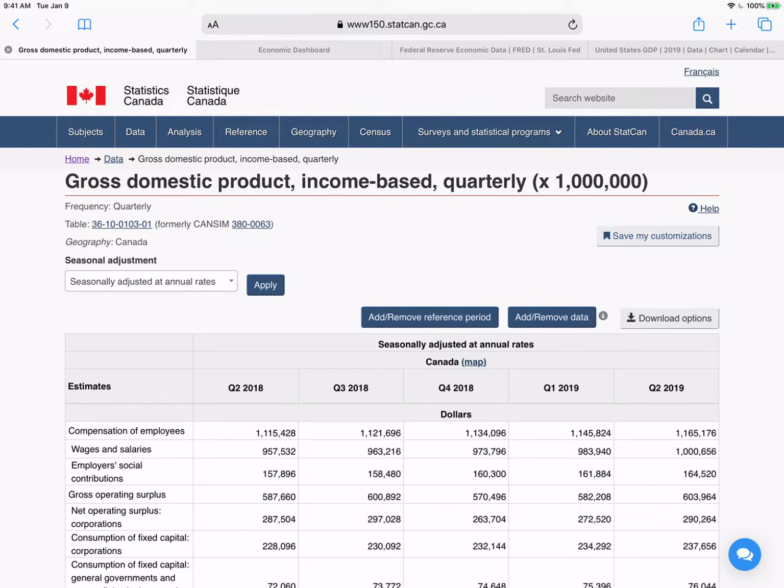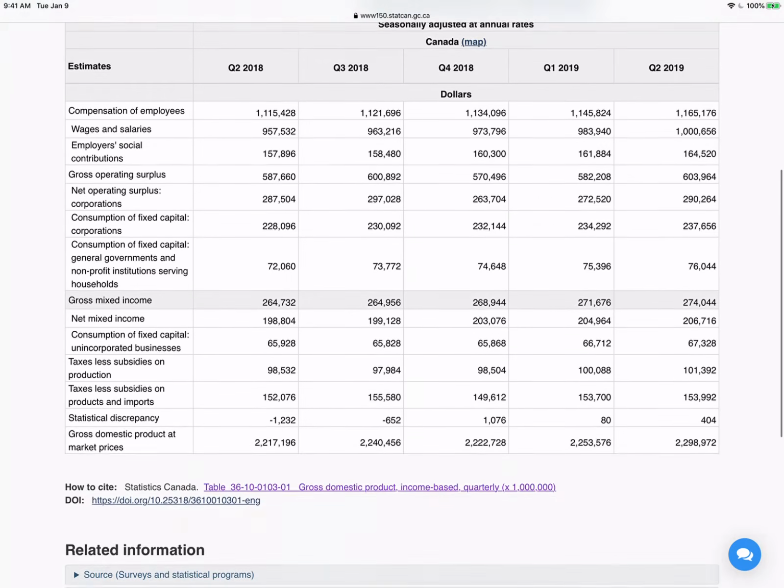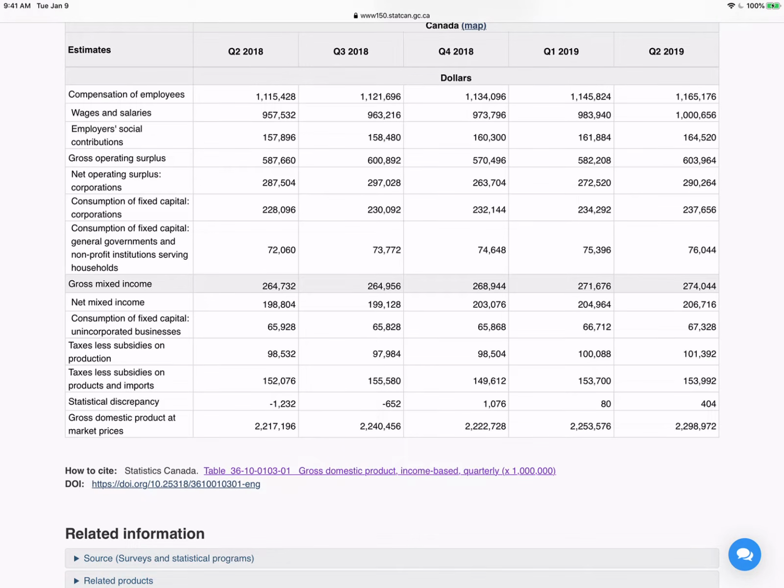And again, then we can change the dates. So this is the income approach. So it actually breaks it down into wages and other forms of national income. We're looking for gross domestic product, that very last line. And we're looking for Q2 of 2019 and Q2 of 2018.